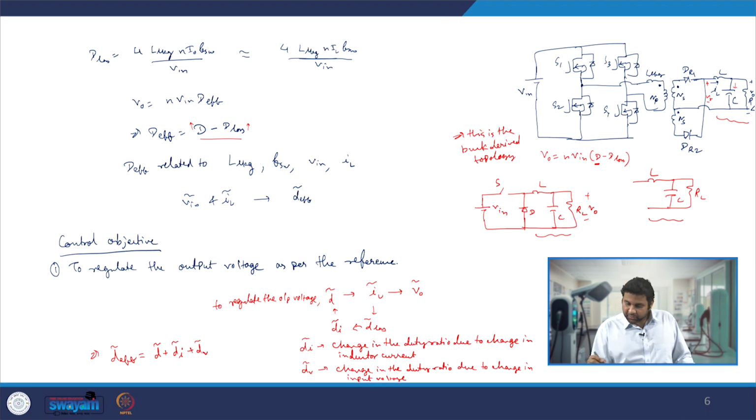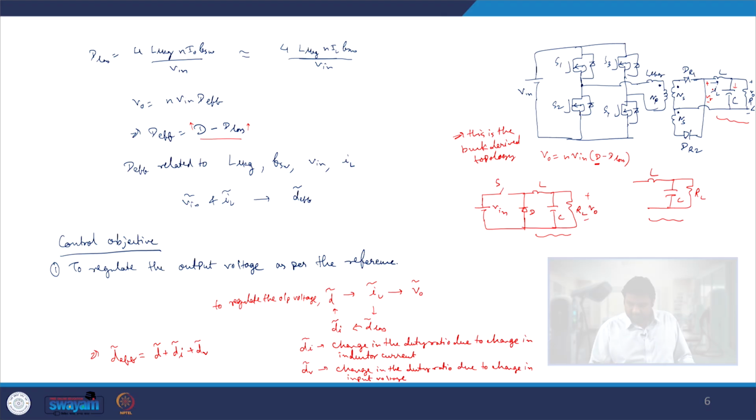So during that time my IL changes, and because of the IL change there is a change in V naught, and also a change in the D loss, which corresponds to the Di, and that Di will now get added up to this D to define the effective duty ratio.